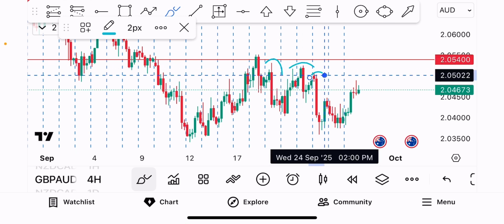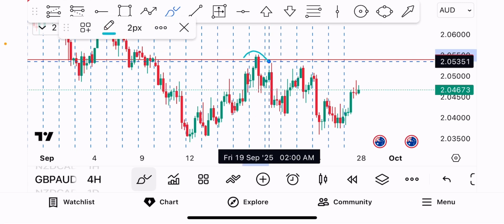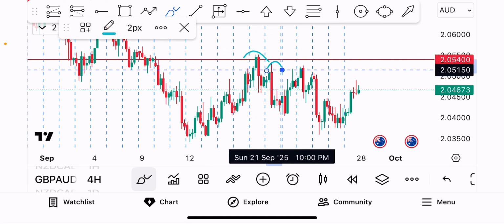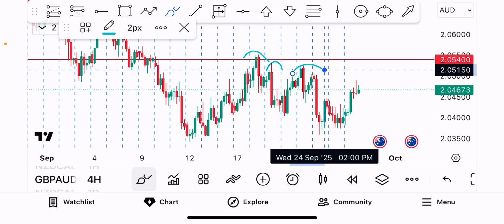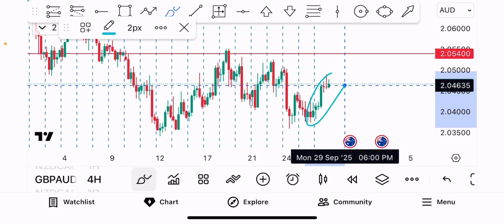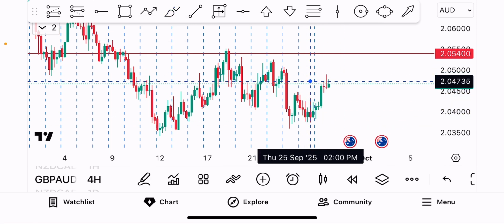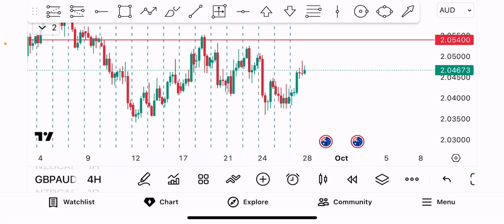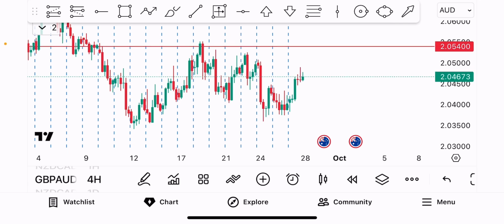Each time the market pulls back, it sells off. We can see this pullback, this one, a couple of pullbacks here, and all of them sold off. That's the immediate trend, and right now price is making another pullback, which will provide us with a sell opportunity.